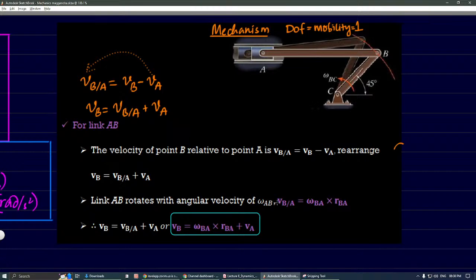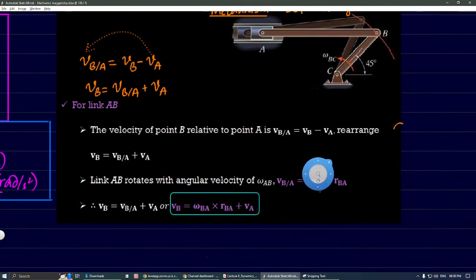Link AB rotates with angular velocity omega AB. AB is also rotating at some angular velocity, which he is writing as omega AB. That omega AB gives us the velocity of B with respect to A, related by omega BA into RBA.